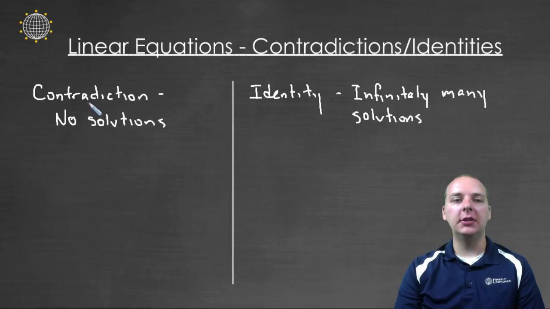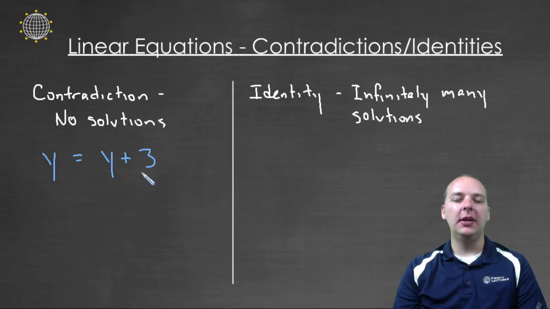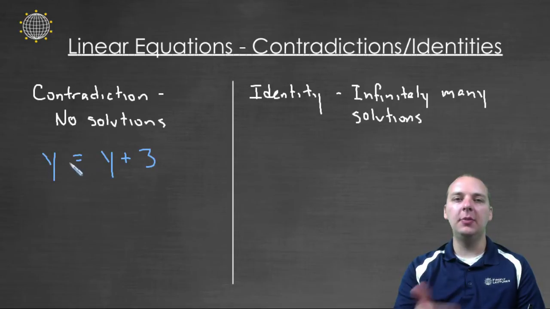A contradiction is an equation that does not have any solutions. Let me give you an example. Let's say you had y equal to y plus 3. Well, think about that for a minute. Any value you plug in for y, if you add 3 to it, it's not going to be the same as the original.